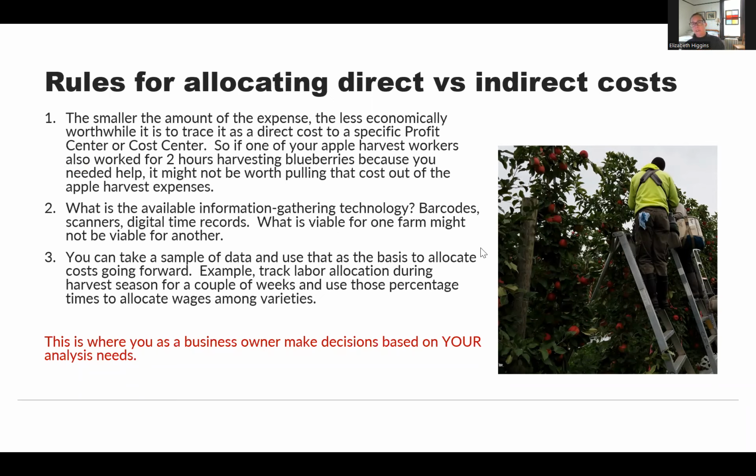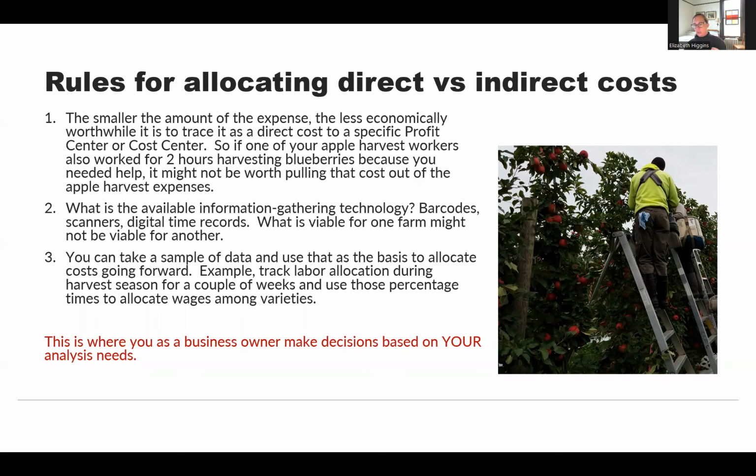So one of the rules of thumb for allocation is, the smaller the amount of the expense, the less economically worthwhile it is to trace it to a direct cost, to a specific profit center. As an example, if one of your apple harvest workers one week worked for 2 hours harvesting blueberries because you needed the help, it really is probably not worth pulling that cost out of the apple harvest expenses and reallocating it to blueberries, because in the grand scheme of things, it just doesn't change the overall costs that much.